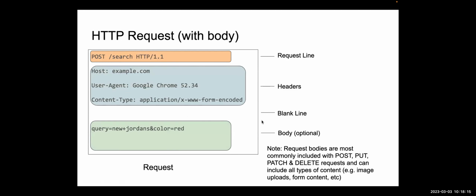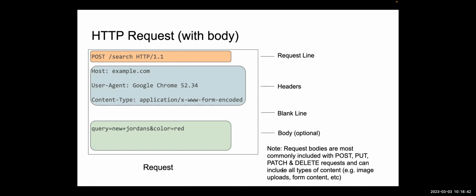So the body is optional. Request bodies are most commonly included with post, put, patch, and delete. We didn't really talk about patch, but patch is, I think, updating only partially. It's not that commonly used. Typically, people just use put for updating things.